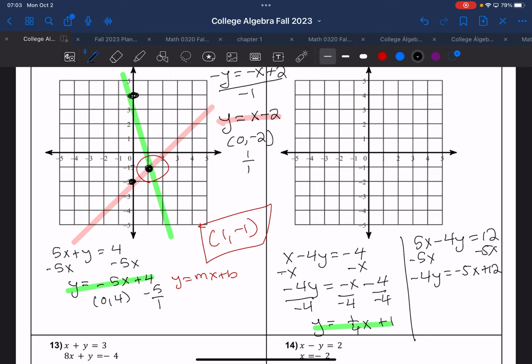And then what? Divide by -4. So we have y is equal to what? What number is in front of x? 5/4, because the negatives cancel. And then 12 divided by -4 is -3. So that's our other equation.